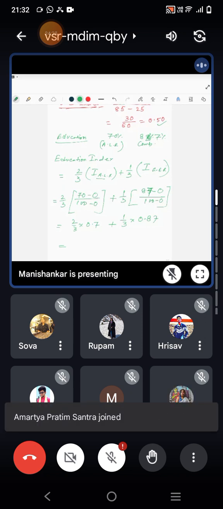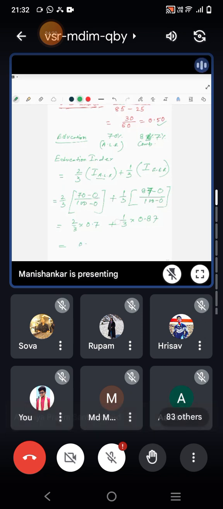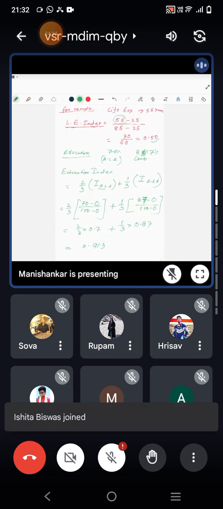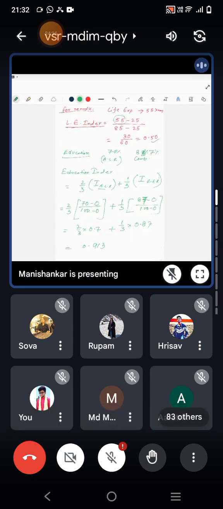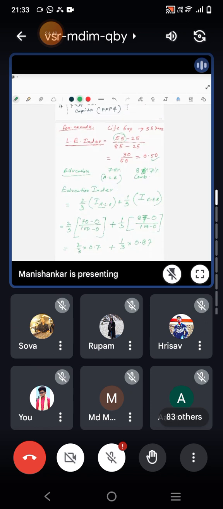It comes to something like 0.913, right? So this is 0.913. In that way you can calculate the education index. Okay? There is a way, an example.